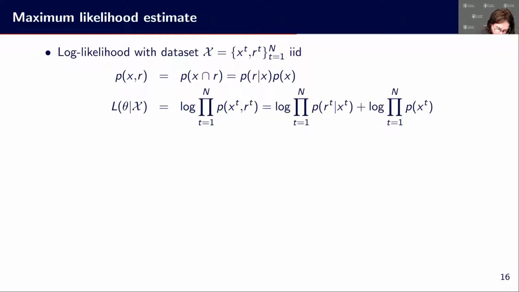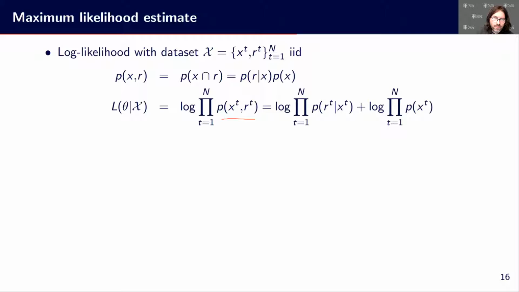From that, we are evaluating the log likelihood for the data set. So we say, what is the log likelihood of having such parameterization over that data set? We are using the log and the product of the p of xt, rt from our data set. With this multiplication, we apply a log.